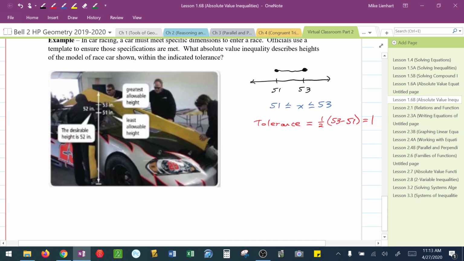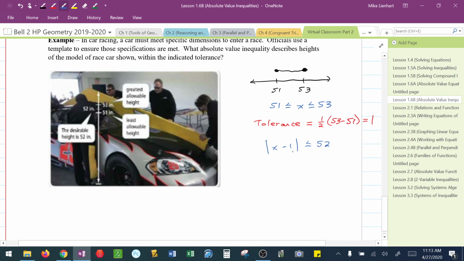I take this information and I'm going to write the absolute value inequality that would lead me to that solution that I started with. And this would be the absolute value of x minus 1 must be less than or equal to 52. Now, where did the 52 come from? That 52 was that desirable height.